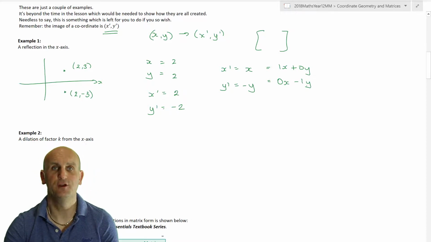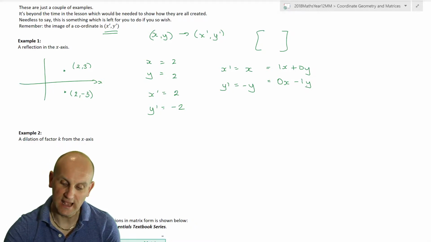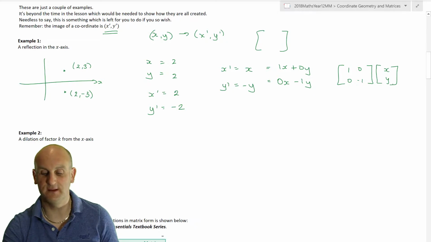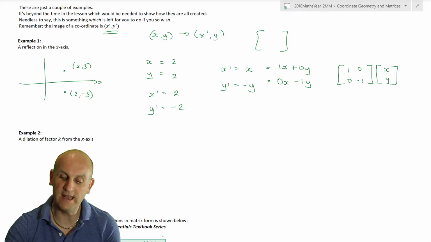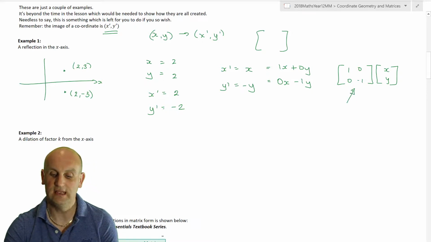Now, when I have 2 terms and some numbers, I can re-express this as a matrix: 1, 0, 0, minus 1, times x, y. Now, again, this builds on the work we've done previously in matrices, and if it's new to you, you'll do this. It's coming up. But I now know that a reflection in the x-axis is defined by multiplying by the matrix 1, 0, 0, minus 1.